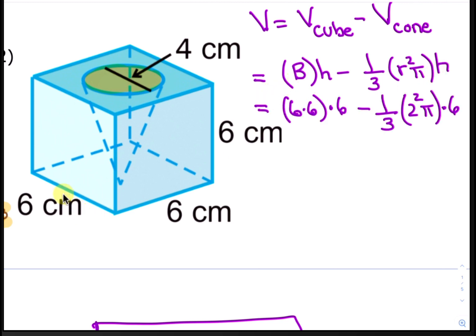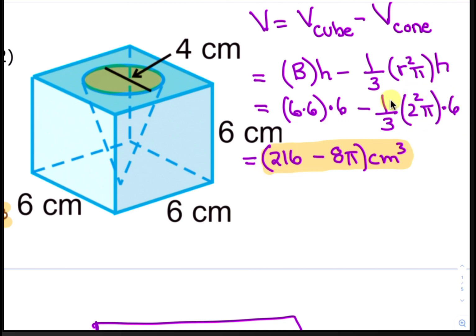Now the base of the cube is 6 by 6, so that's 6 times 6, and the height is also 6. The radius of this circle is 2, so we put in the 2 squared there, and the height of the cone is also 6, so we have 6 here in the formula. Multiplying all of that out, 6 times 6 times 6 is 216.